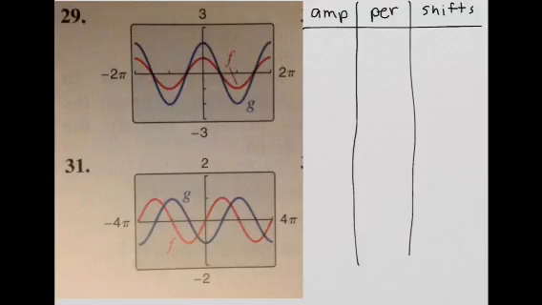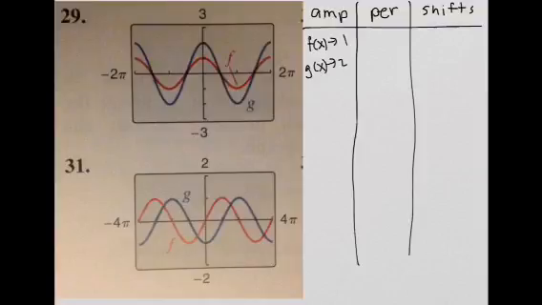Alright, so for 29 and 31, we're analyzing the graphs and comparing f and g. If you look at the picture right here, g is higher, it goes up to 2, whereas f of x goes up to 1. So their amplitudes are not the same. For f of x, the amplitude is 1, and for g of x, the amplitude is 2.